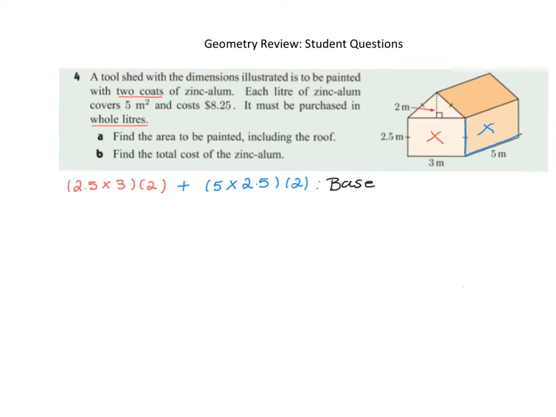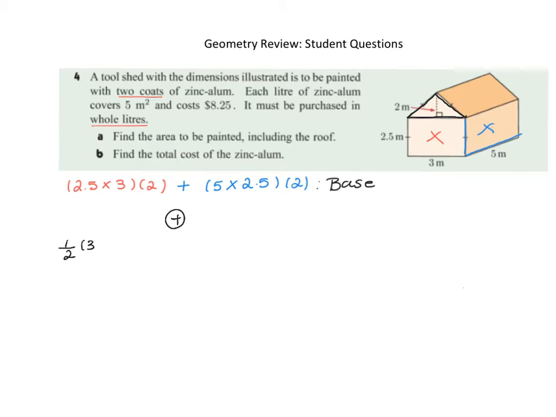structure here. So to that, we're going to add the top, so that triangular roof part. So let's go ahead and do that. So for the top, we've got that triangle. So we've got 1/2 times 3, so that's the base of that triangle here that I'm working with. I'll highlight that for you right there.